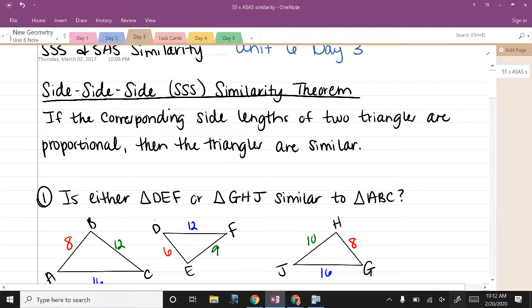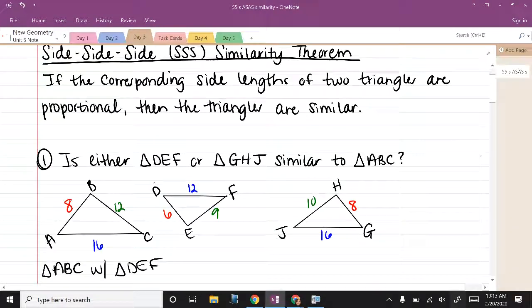So the side theorem basically says that if I can prove that all pairs of sides are proportional, then the triangles are similar. So that means all three pairs of sides with their corresponding sides in the other triangle are going to be equal ratios. They're going to simplify to the same ratio.